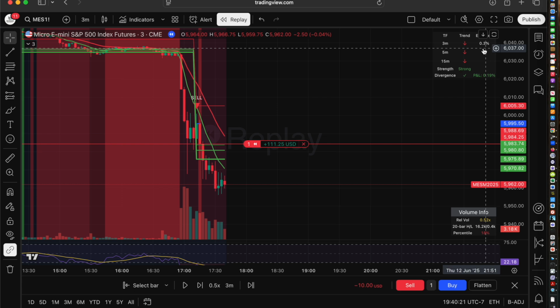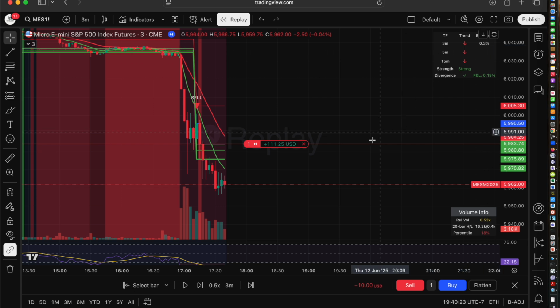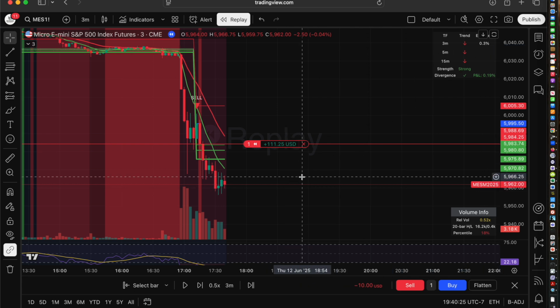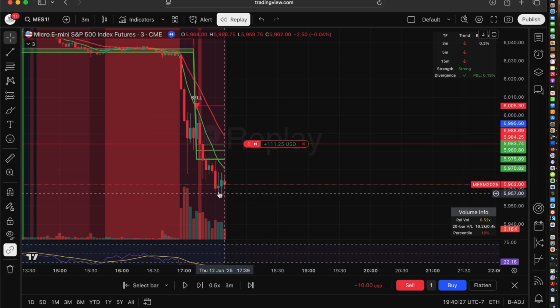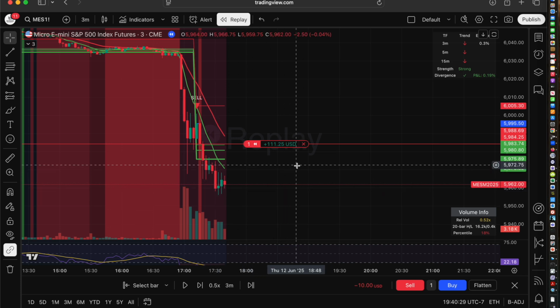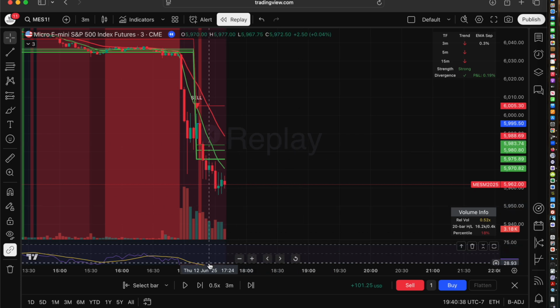We're at 0.3%. So at this point, since we're past our take profit level, we can actually close this trade. And it's already 5 o'clock. So we can see if there's another opportunity later in the evening.